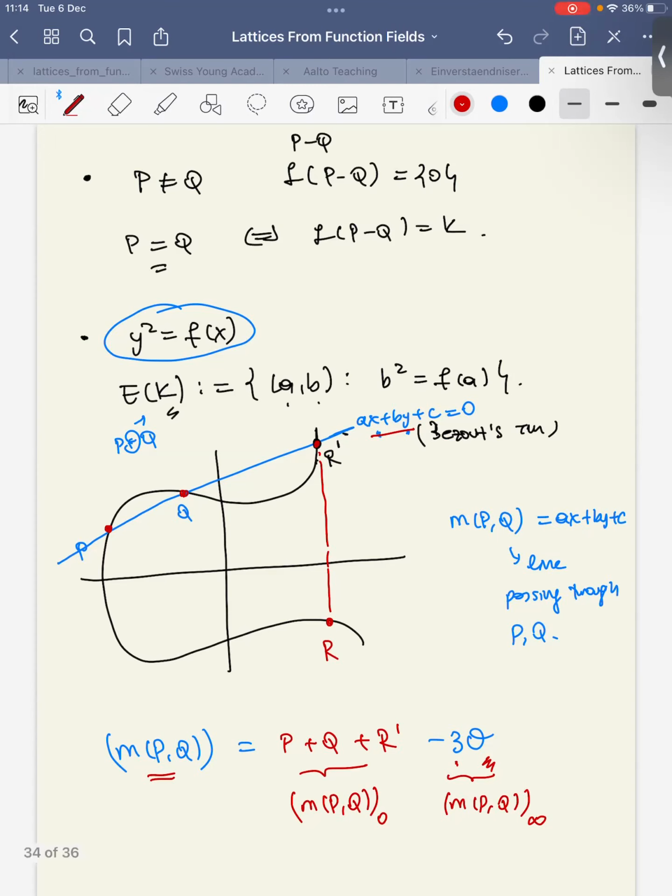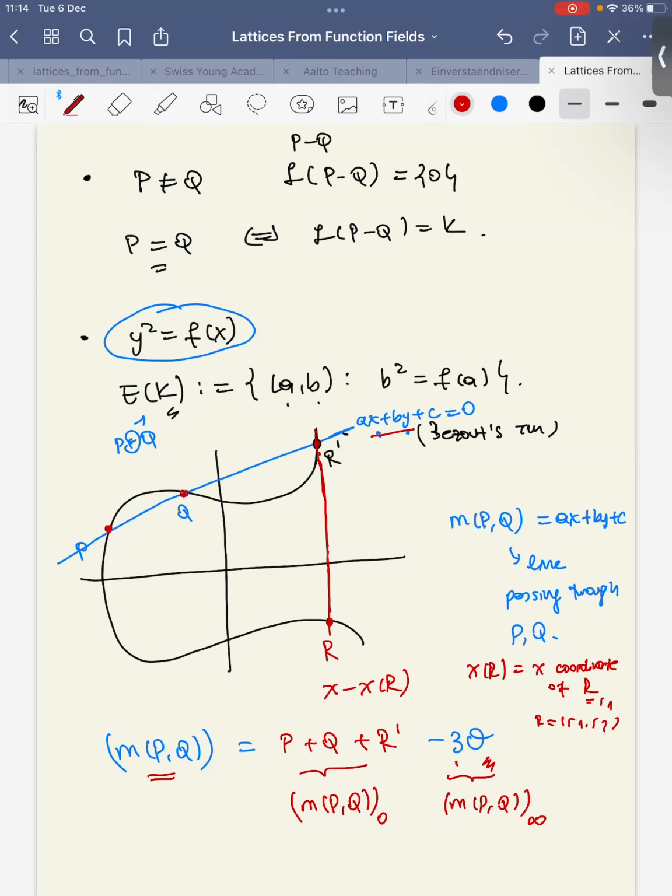In the meanwhile, we also have another line, and let me denote this line by x minus x of R. By x of R, I mean the x coordinate of the point R. So if R is given by R1, R2, it is going to be exactly R1.